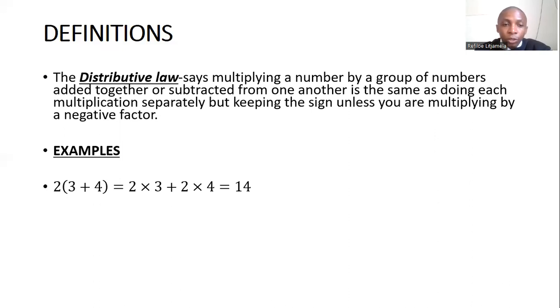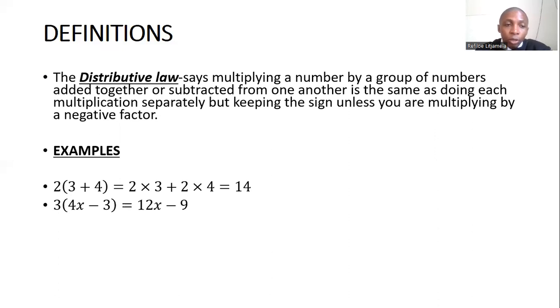So when you multiply 2 with 3, you will get 6. With the plus in between, multiply the same 2 by 4, you will get 8. So 8 plus 6 will give you 14, which is the product that you will be getting. We'll actually go through this in detail in a short while.